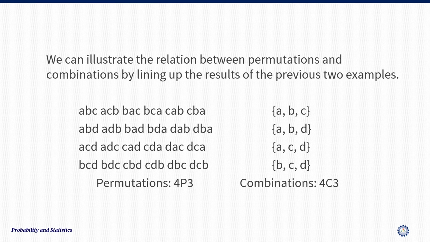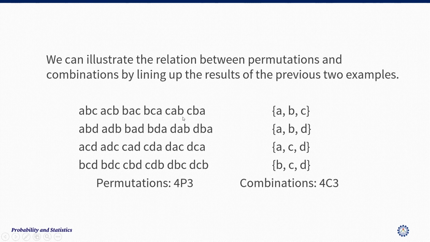We notice that each row in the permutation list consists of all 3 factorial permutations of the corresponding set in the combination list.